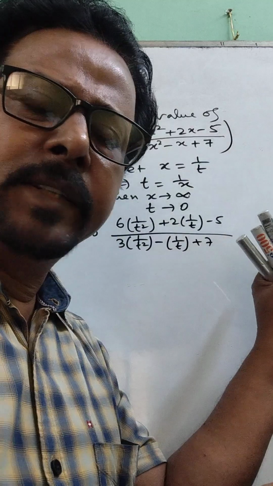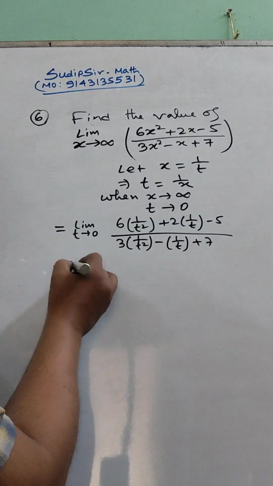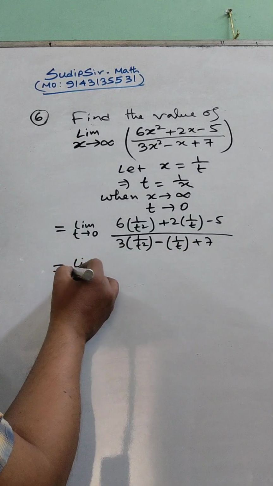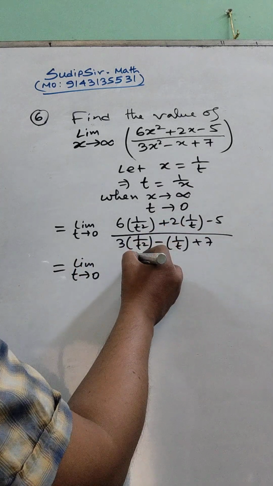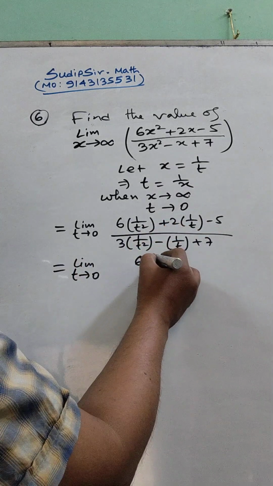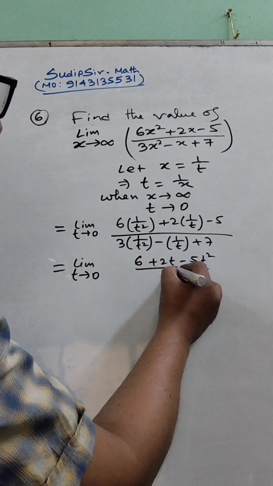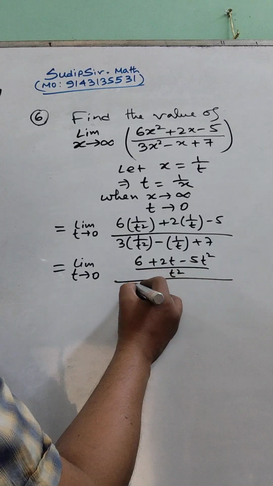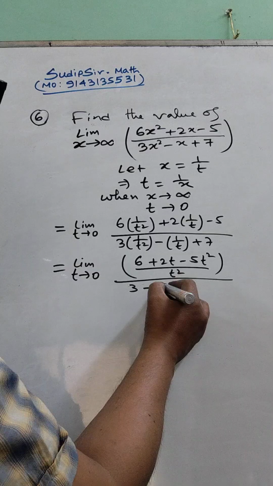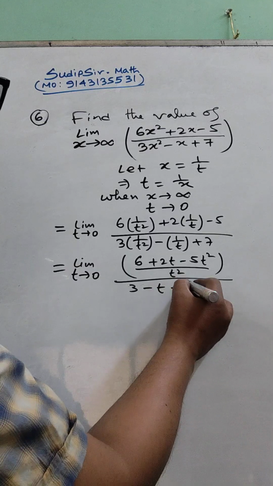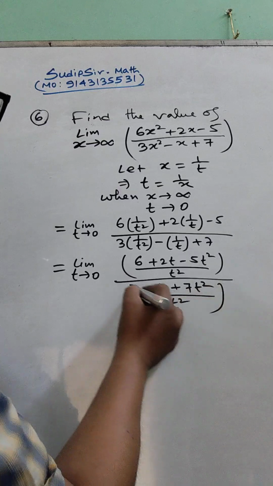Okay, t square is the LCM and then t square will cancel. Limit t tends to 0. For the numerator, t square is the LCM: 6 plus 2t minus 5t square by t square, and for the denominator, 3 minus t plus 7t square by t square.